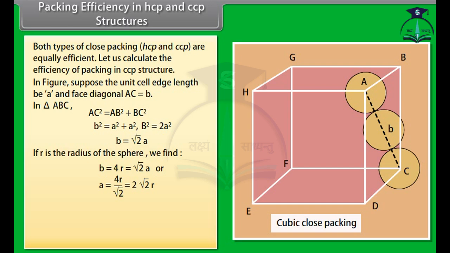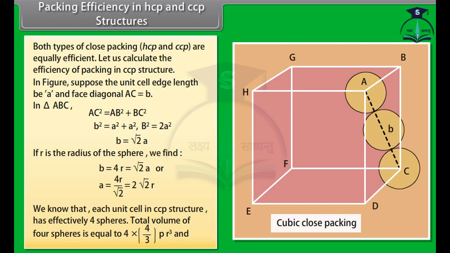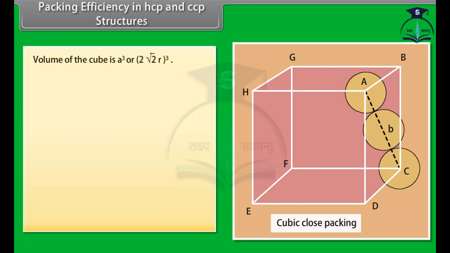We know that each unit cell in CCP structure has effectively 4 spheres. Total volume of 4 spheres is equal to 4 into 4 upon 3 pi r cube, and volume of the cube is a cube, or (2 square root 2 r) cube.